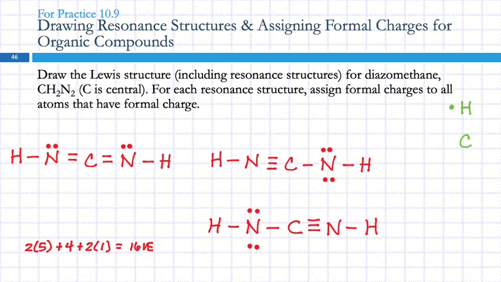Carbon has 4 valence electrons. Nitrogen has 5. Oxygen has 6. And fluorine has 7.